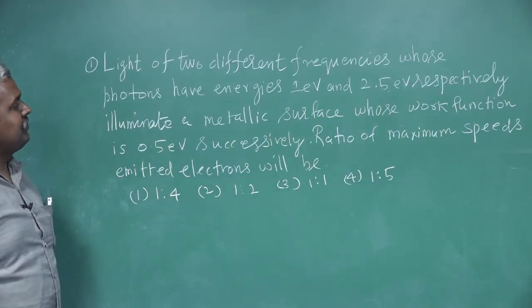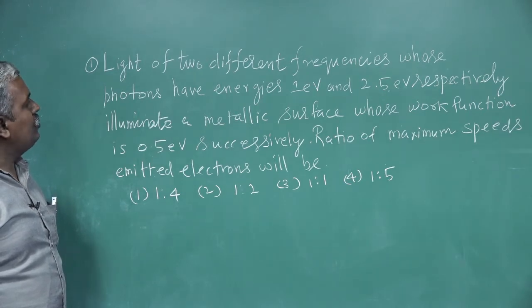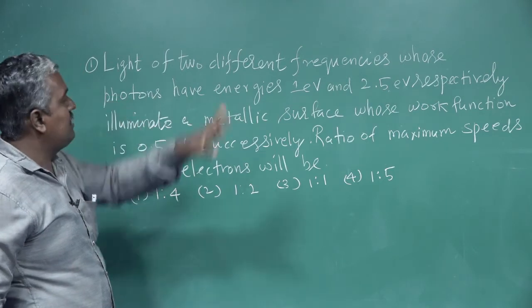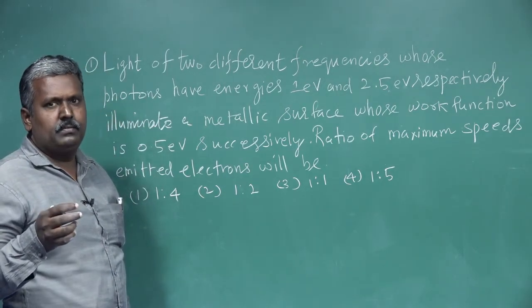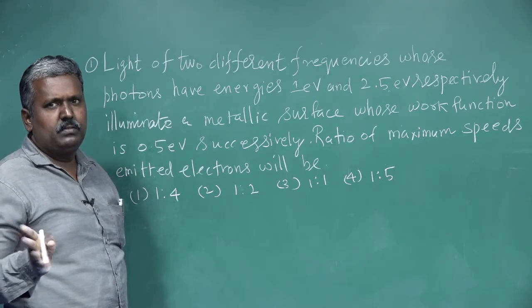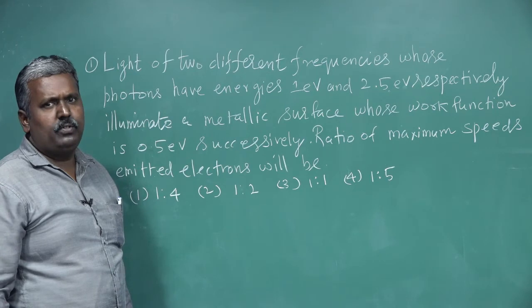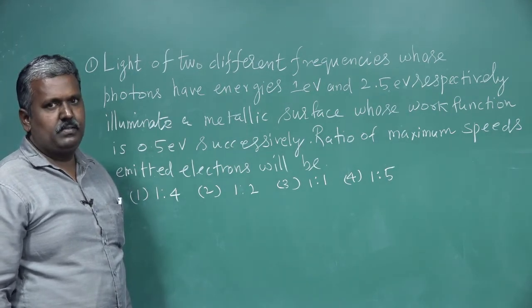Okay, listen. Light of two different frequencies. So will the energy be the same? No, you are wrong. The energy will also be different, because E is equal to h nu, you know. This is the energy of the incident photon on the metallic surface.